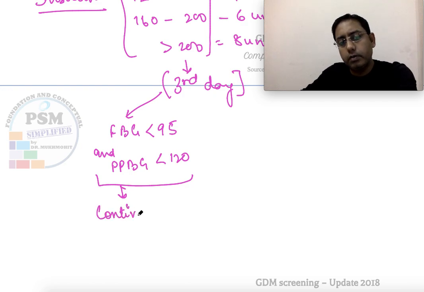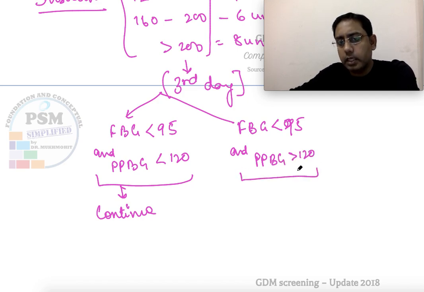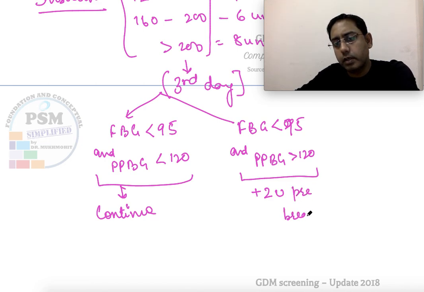So you just continue the insulin. In case the fasting blood glucose is less than 95 and the postprandial blood glucose is more than 120, in this case you keep the dose same and you just increase 2 units of pre-breakfast insulin.